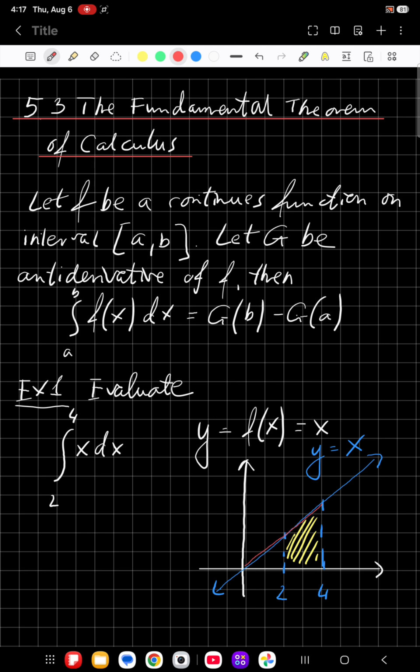So we could calculate the area of this pretty easily, and then subtract from that the area of this, and that would give us the yellow area. Anyway, we'll do it in a moment. But let's see how the fundamental theorem works. There's a second fundamental theorem of calculus, but let's look at that first part.